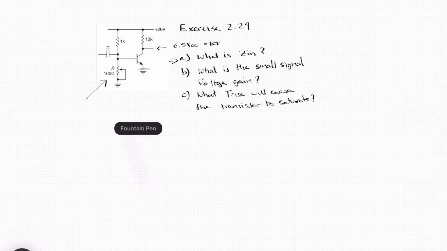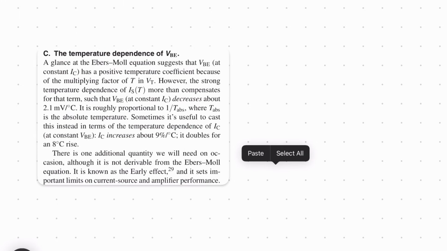Now, lastly, we are going to calculate the temperature rise that will cause the transistor to saturate. There are many ways of looking at this, but the simplest way I found is to look at a paragraph on page 125. So if I go to that paragraph, it basically says that the Ebers-Moll equation suggests that VBE at constant IC has a positive temperature coefficient because of the multiplying factor of T in VT.